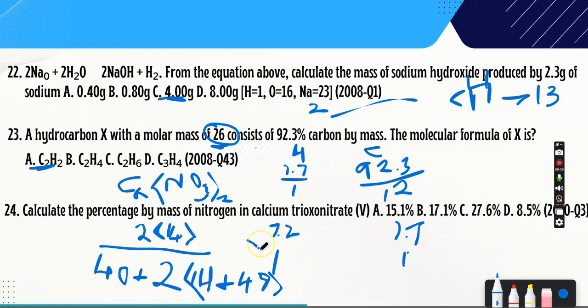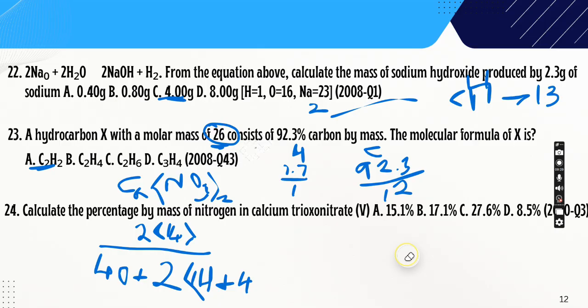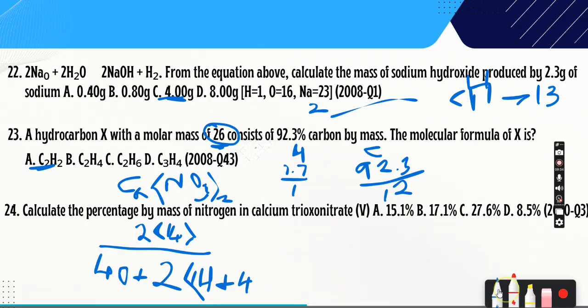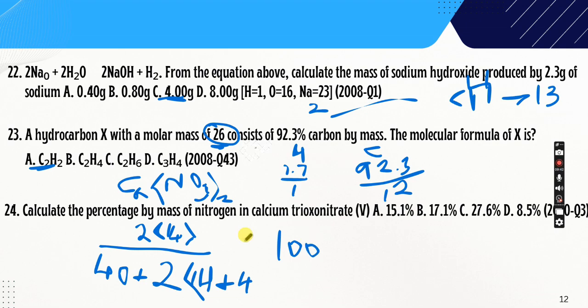So everything multiplied by 100. And that will give us 28%, which is option C.